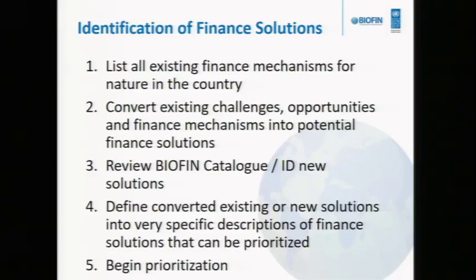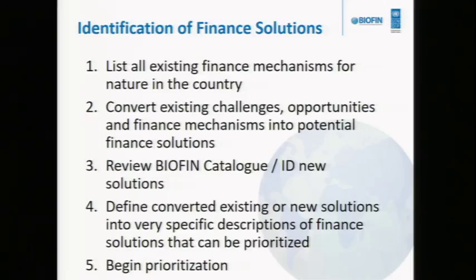And so these are the steps: listing the existing finance mechanisms for nature in the country. You convert the existing challenges, opportunities, and finance mechanisms into potential finance solutions. These come from, again, those assessments. Then you review this BIOFIN catalog. You review different solutions online, anywhere you can find them, to come up with new ideas.